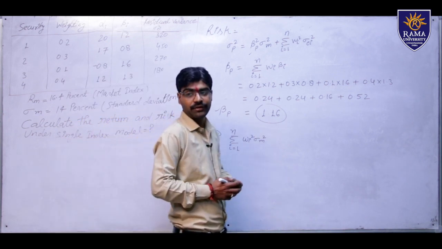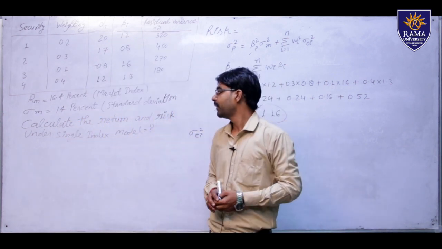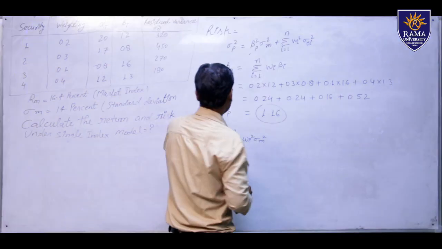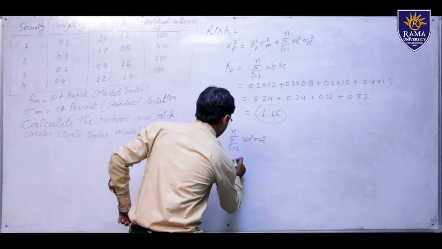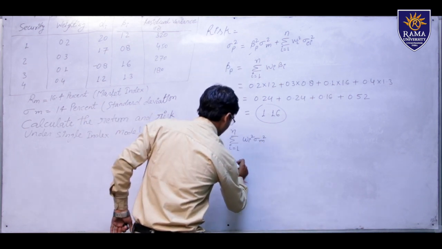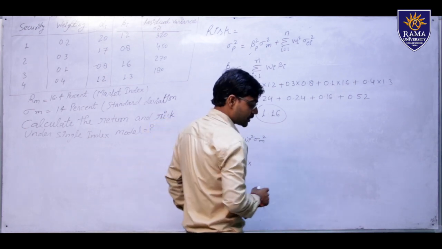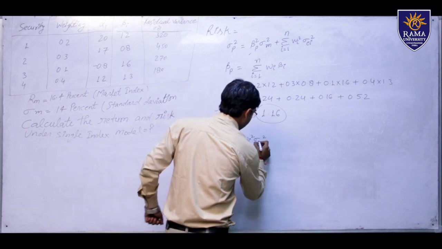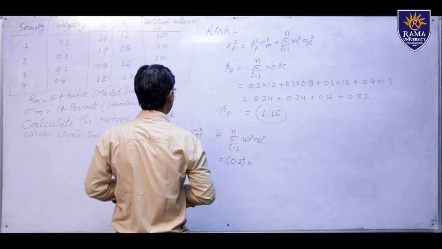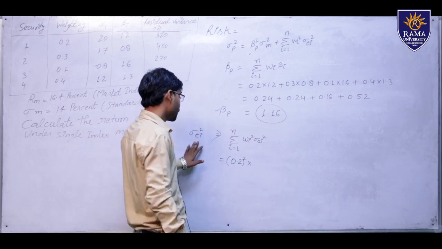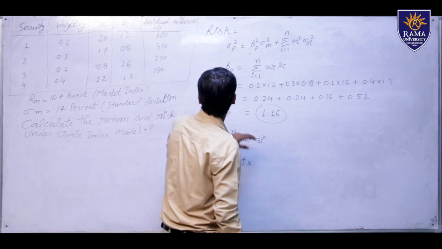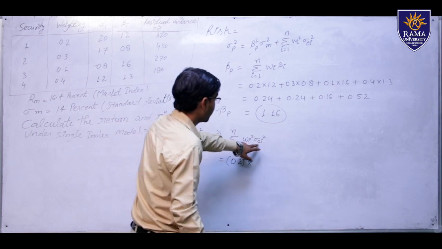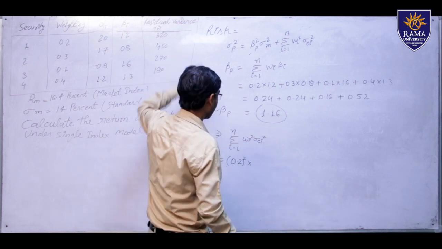When we calculate residual variance, we put only the value of residual variance, not the standard deviation. So here the residual variance value is 320.